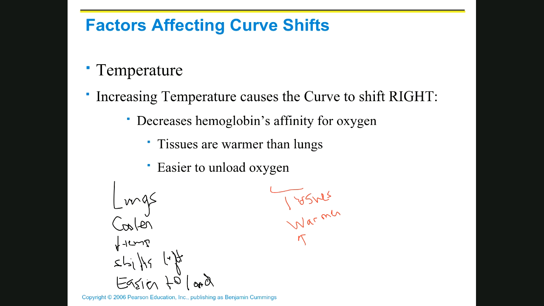If we increase the temperature, the curve shifts to the right. And if the curve shifts to the right, what does that make it easier to do? Load or unload? It makes it easier to unload. And so look, we didn't do anything at all. Just because the cells, the tissues are warmer, it's going to be easier to drop off oxygen.